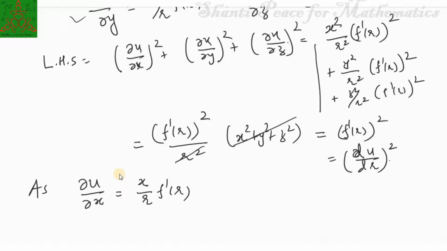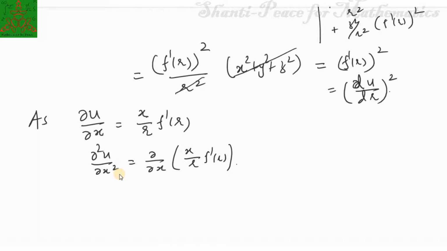Taking the partial derivative on both sides with respect to x will give you del square u by del x square, that is del by del x of x by r f dash of r. Here you must note that this x is a function of x, this f dash of r is also a function of x, and r is also a function of x. So for that you have to use the product and division rule both.